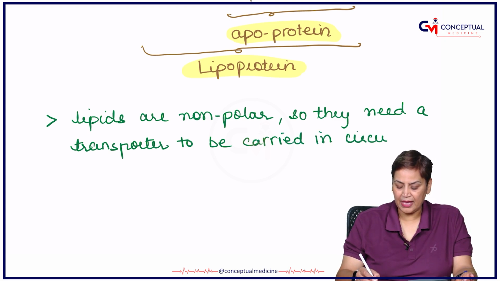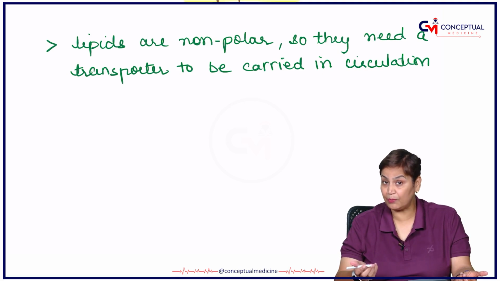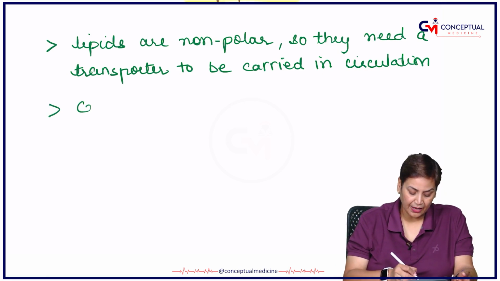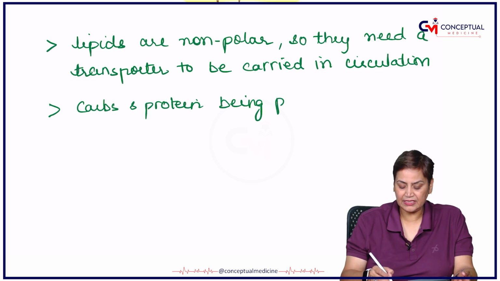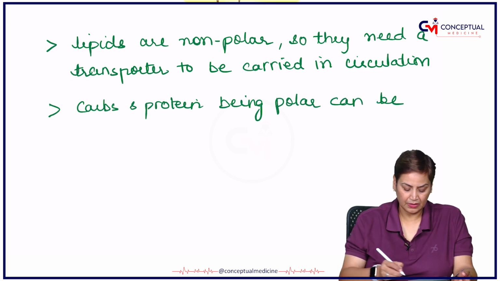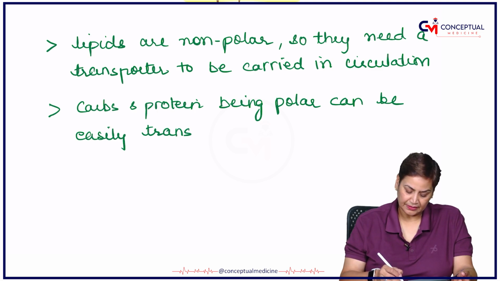And if we compare carbohydrates and proteins with lipids, we know carbohydrates and proteins are strictly polar. So carbs and proteins, being polar, can be easily transported. This is one reason why we require these lipoproteins.